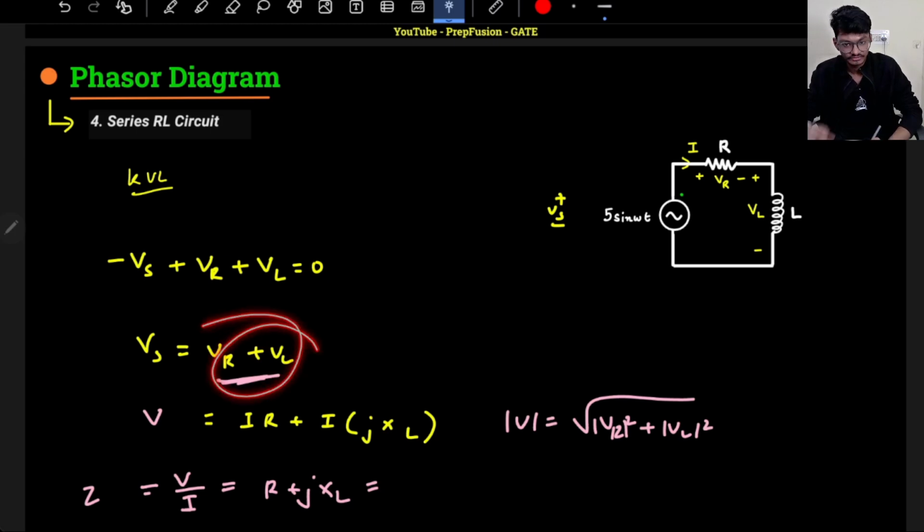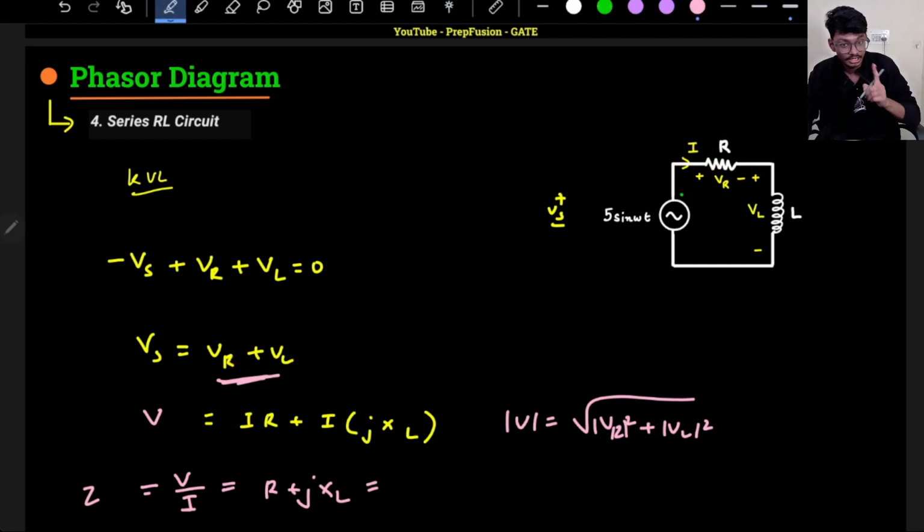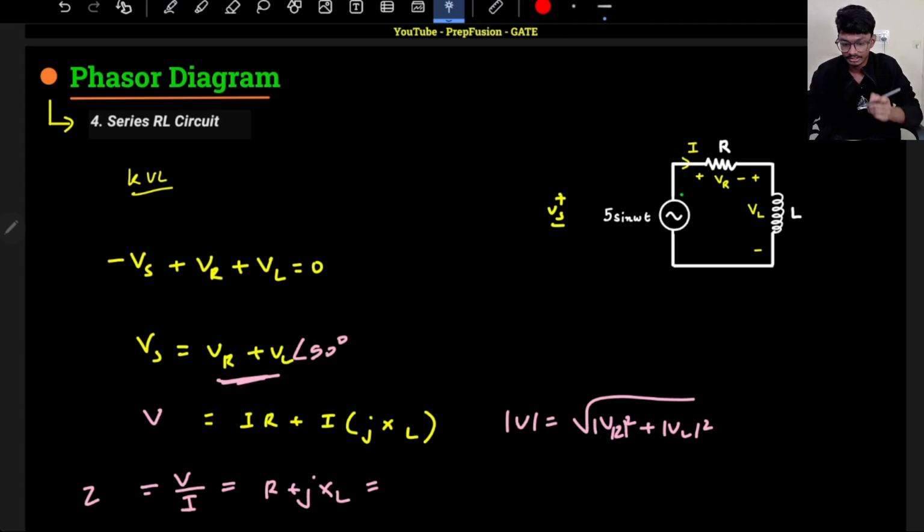This has a phase shift of 0 with resistance, because the current and the voltage across the resistance will be in the same phase. So this is V of angle 0. This has an angle of plus 90 with respect to the current, because I have not told you current is my reference. With respect to the current, this has an angle of 90, because it will lead the current by 90 degrees. Current is the same for all the elements.